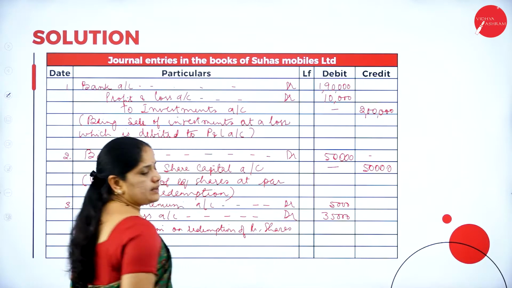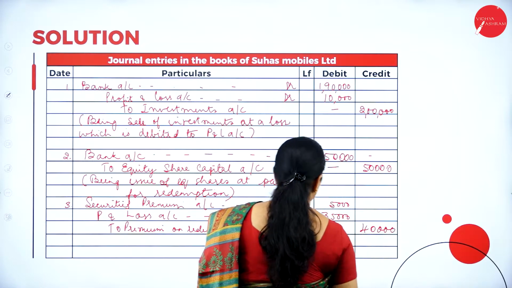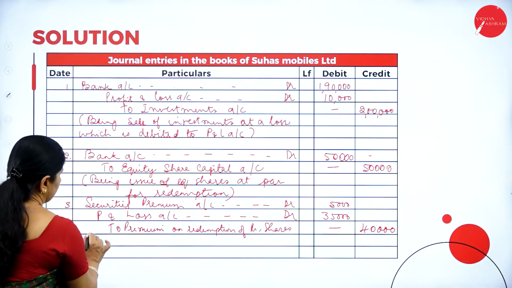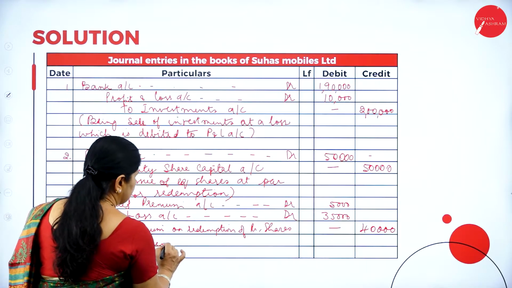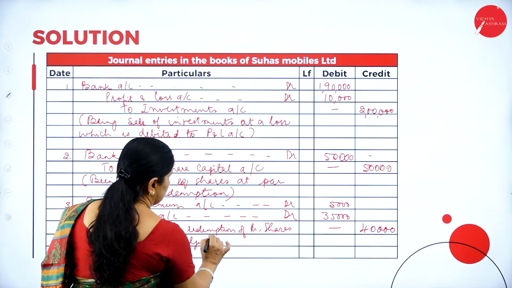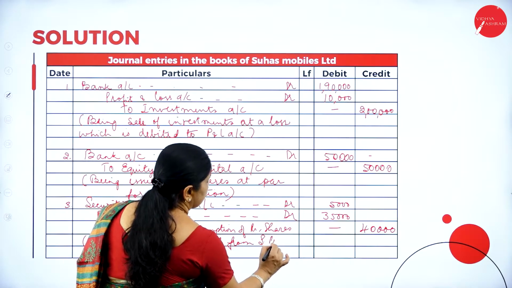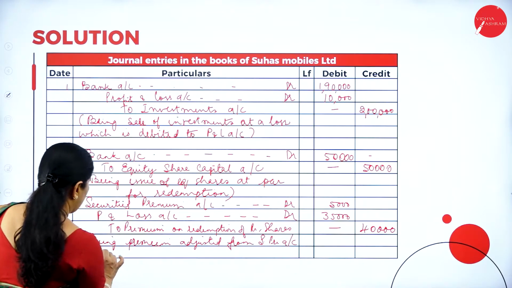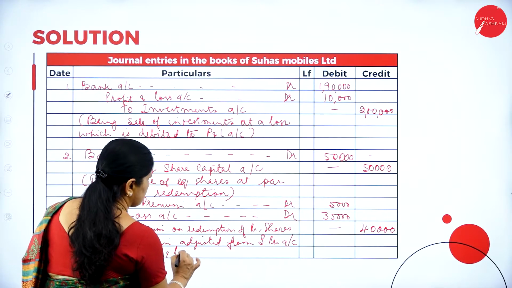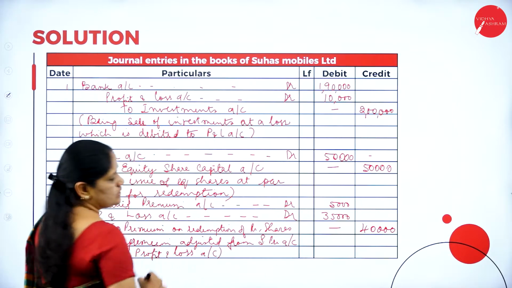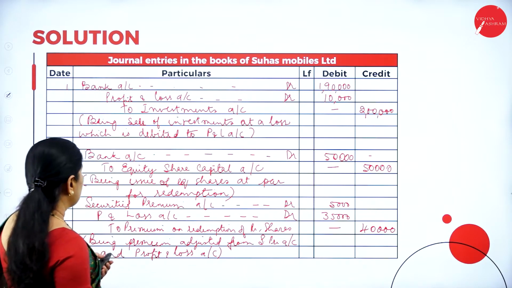To premium on redemption of preference shares 40,000 being premium adjusted from securities premium account and profit and loss account. So we have adjusted the premium from securities premium account and profit and loss account.